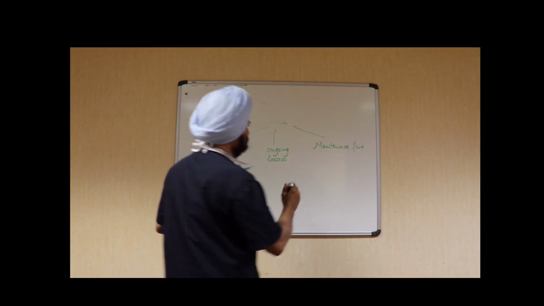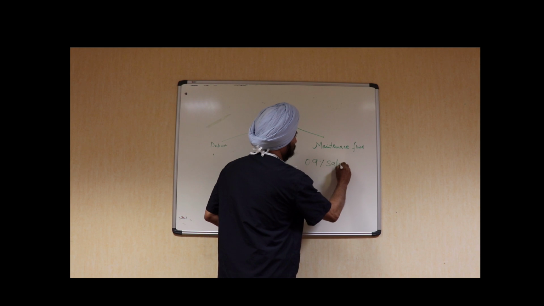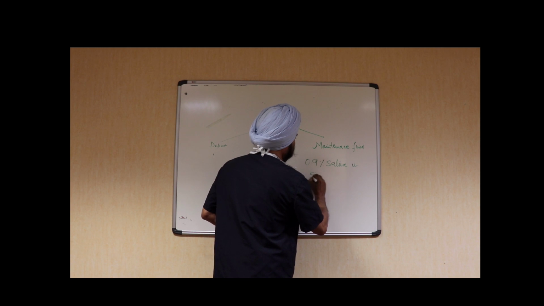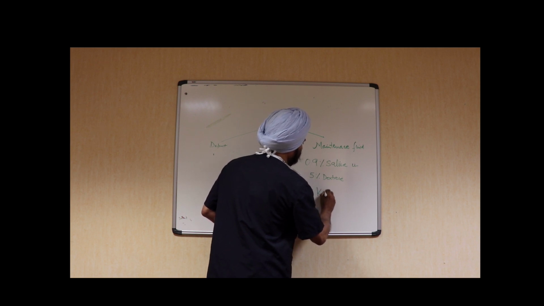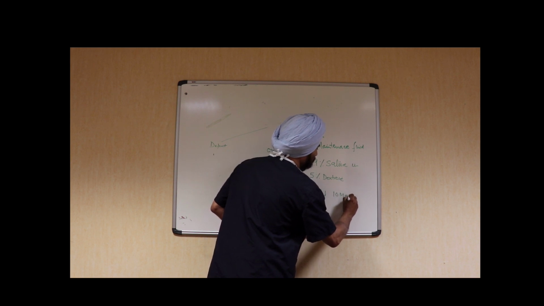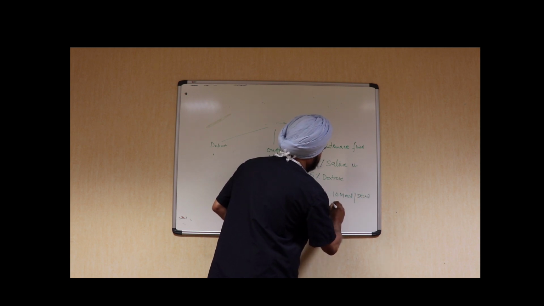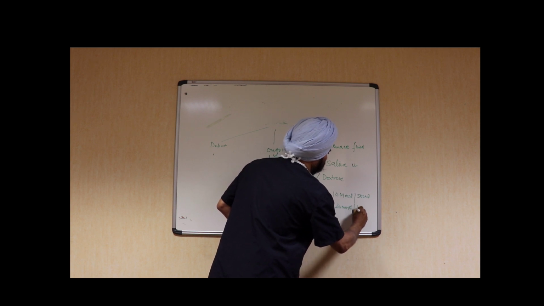As far as the United Kingdom's guidelines are concerned, this fluid is 0.9% saline, which is nothing but normal saline or 1 normal saline, in 5% dextrose plus potassium chloride added as 10 millimole per 500 ml bag, in other words, 20 millimoles per liter.